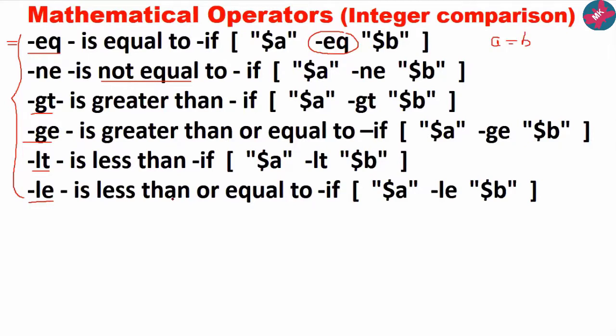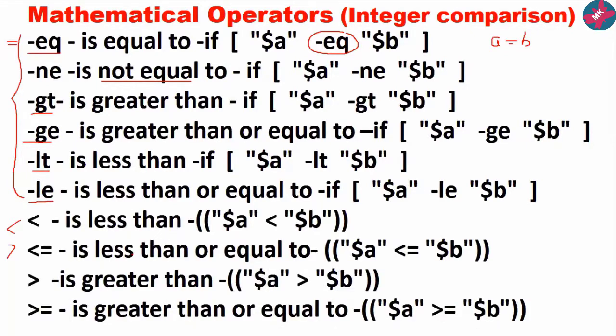Along with this, you can also use the less than or greater than symbols, but there is a special condition when you can use them. Let me show you. The less than or less than equals to symbols are used when you are using parentheses like this. See the difference: here you are seeing square brackets.